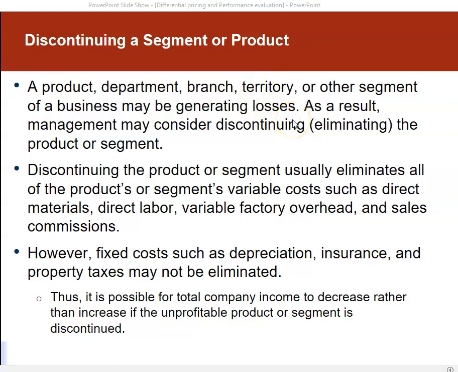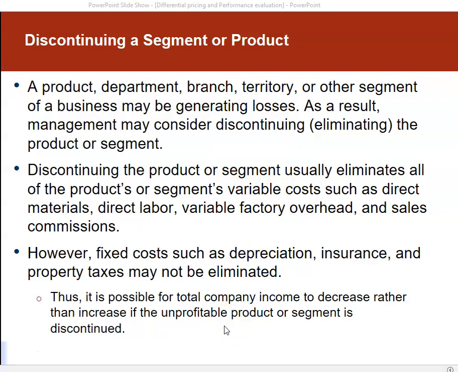What we need to understand is that these losses are a combination of variable cost and fixed cost. And it says that fixed costs such as depreciation, insurance, and property taxes that have been allocated as a part of total company expenses to this unprofitable segment cannot be eliminated.